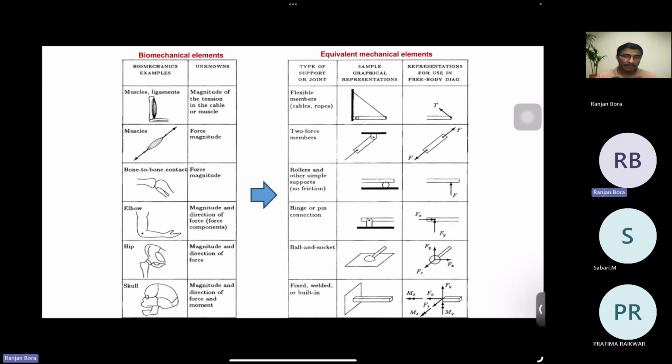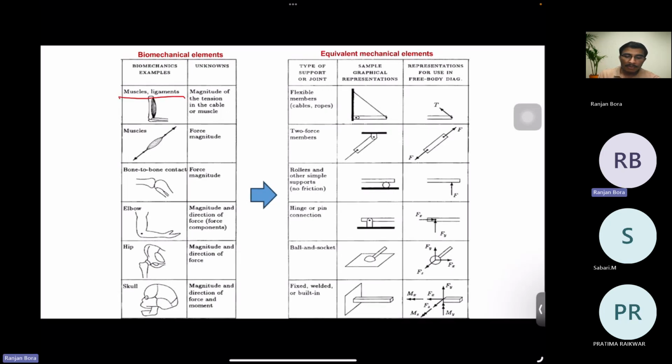Now, these joints can be modeled using some mechanical elements. The muscles and ligaments can be modeled using either cables or ropes, and similarly muscles can be modeled using two force members, and bone-to-bone contact can be modeled using rollers and other simple supports.